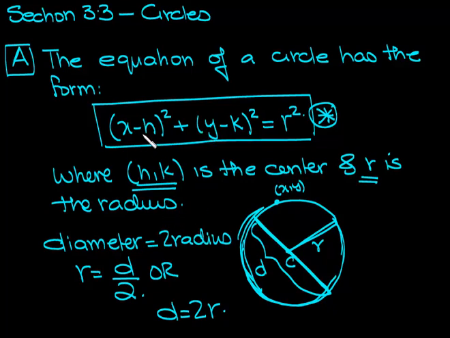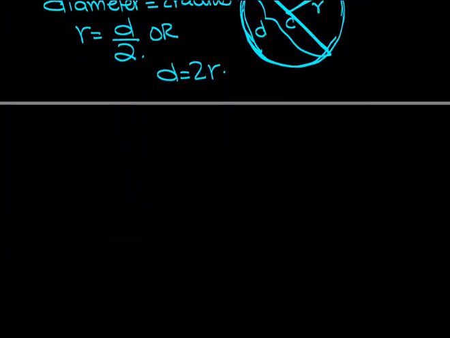To find the equation of a circle, you always need to know the center and the radius. Just like to find the equation of a line we need to know the slope and a point, we need two things. Out here we also need two things. So let me write that down.